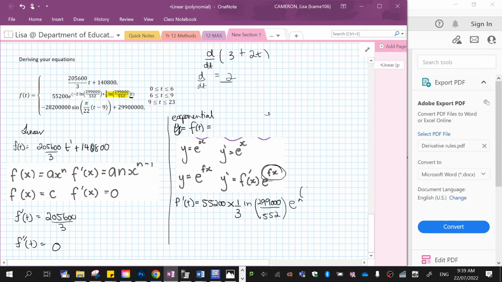So it's just going to be negative 2 ln bracket 299123 over 552 plus 1 over 3 ln bracket 299123 over 552, and then there should be a t on the end of that.